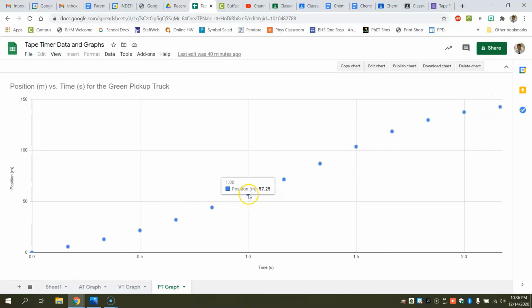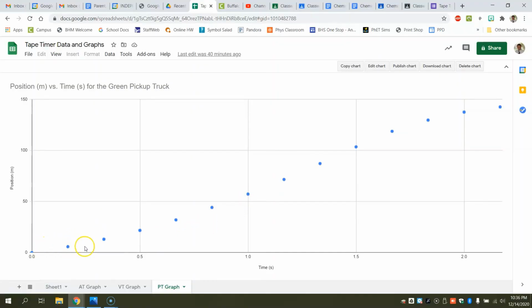If we find the slope between those, that would give us what we'd expect our average velocity to be. So, determine an average velocity by estimating the slope.